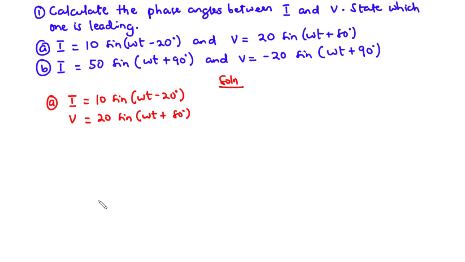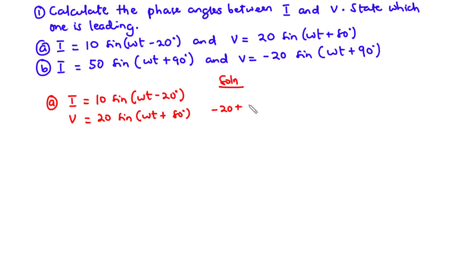Now to compare the two signals, we are going to express V such that it's going to look like I. So instead of writing 80 degrees as the phase angle for V, we are going to express that as negative 20 plus a certain value, which should be equal to 80 degrees. Now negative 20 plus what value do you think will be equal to 80?